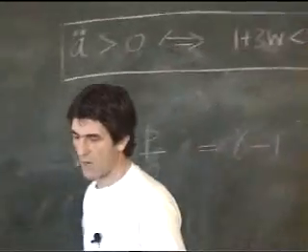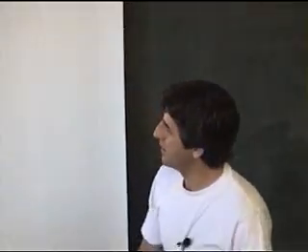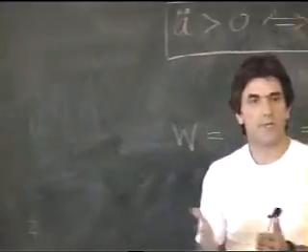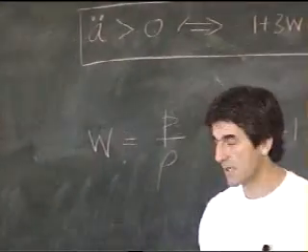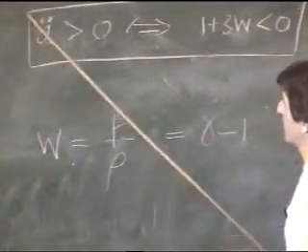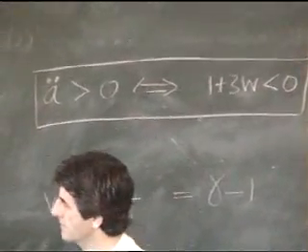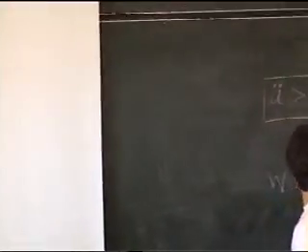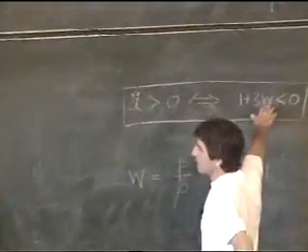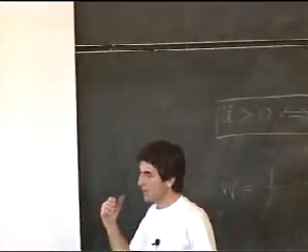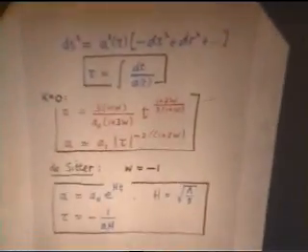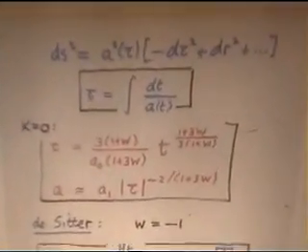And conversely, if we're in either matter era or radiation era, where w is definitely greater than or equal to 0, a double dot will be negative, so the universe is decelerating. So again, w equals minus a third is the critical value. That really comes from the a double dot equation, and it crops up in these solutions because it's in the a double dot equation.